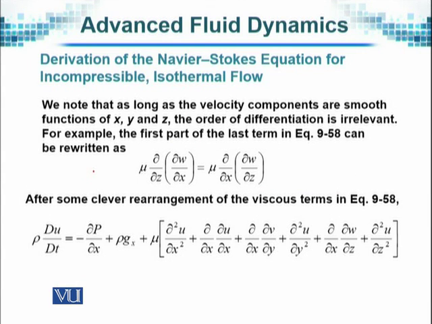And also if we note that really the partial derivatives that occur, we may be differentiating partially some component of velocity first with respect to x and then with respect to z or y. If we interchange them, then the order of this differentiation does not really matter, because this term in the end will be written as d2w by dx dz, and you know that the end result will be the same.